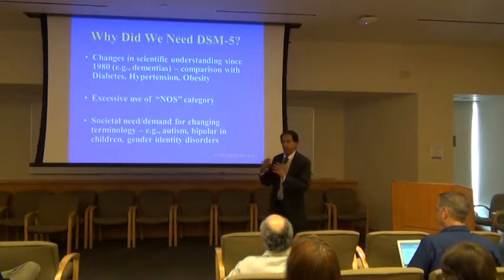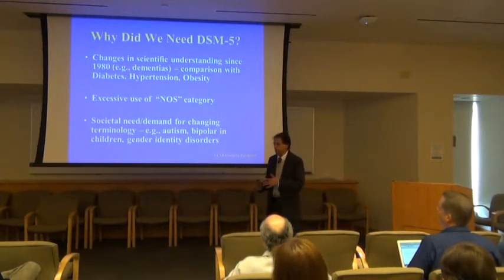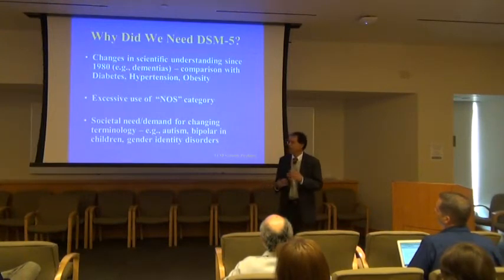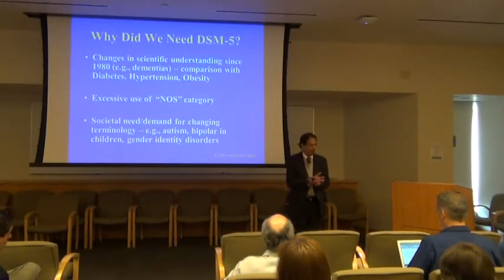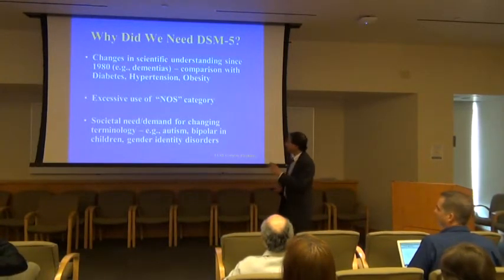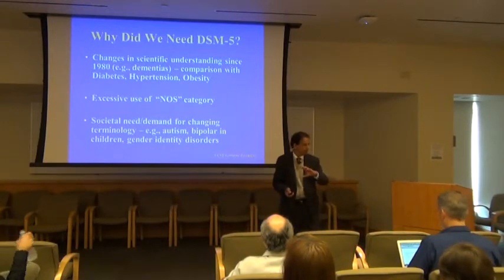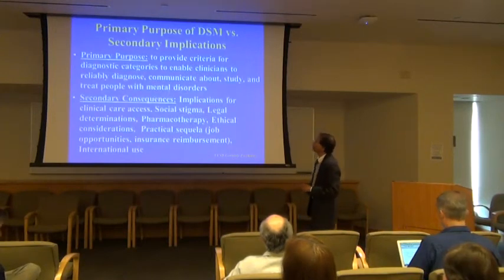Bipolar in children, it's just the other way around. The problem was that bipolar was thought to be overdiagnosed, and kids were being treated with atypical antipsychotics when they should not have been. So the concern was narrowing the diagnosis of bipolar. I'll come back to gender identity disorder later. So there are demands or needs for changing the diagnosis, apart from the scientific issues.